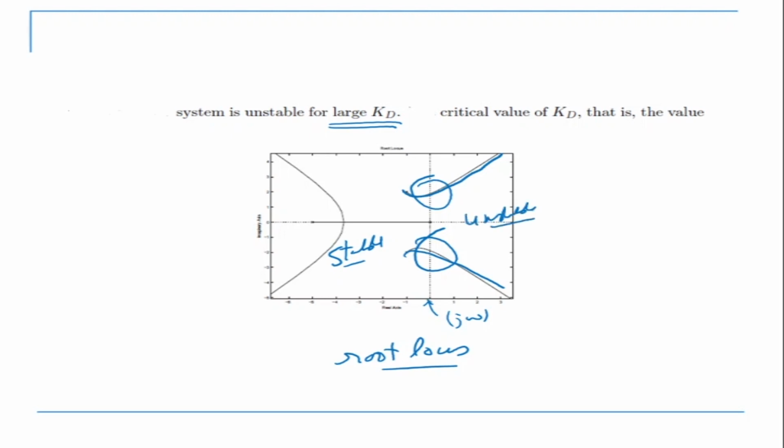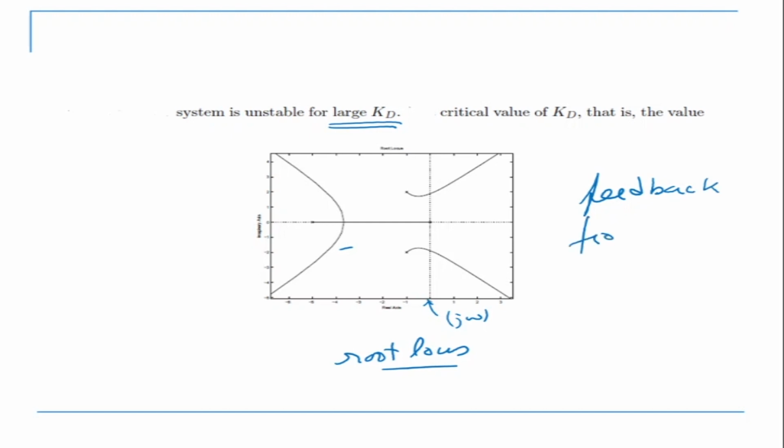Okay, so this is basically showing us that if you're taking your feedback from the link side, it may result in an unstable system.